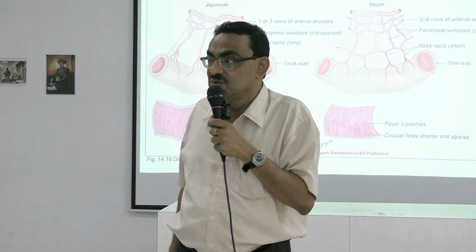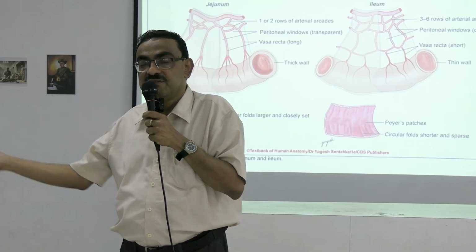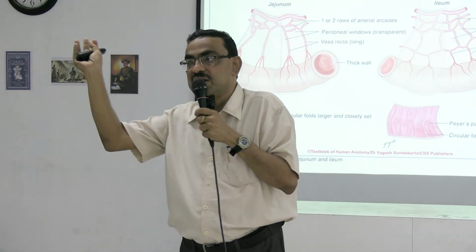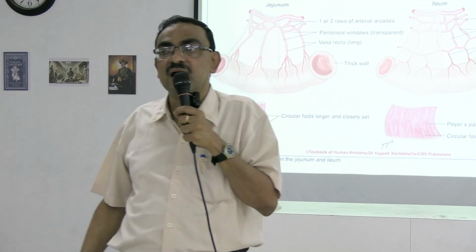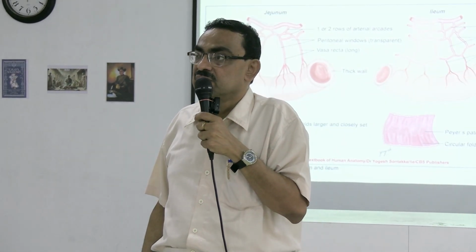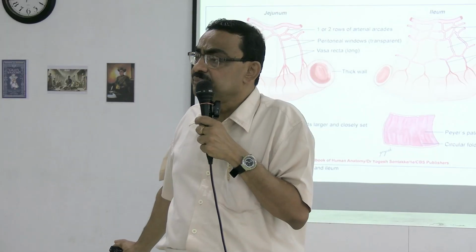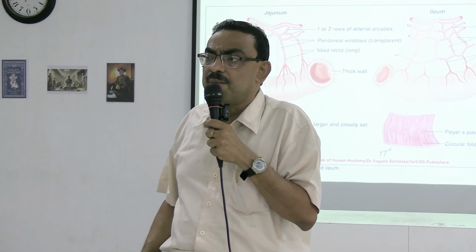That means glucose, amino acid, fatty acid, glycerol, so many materials you will learn in physiology and also in biochemistry. So this is it. Now, what is the blood supply?